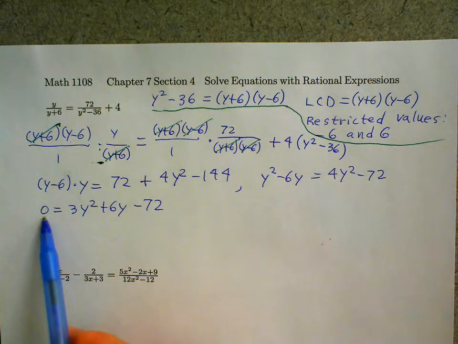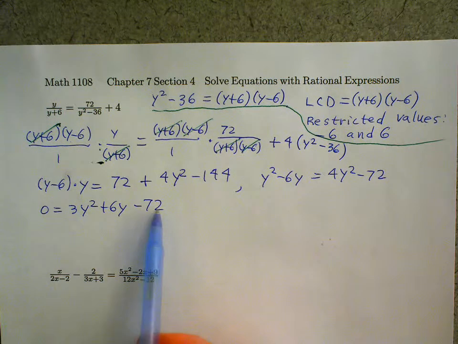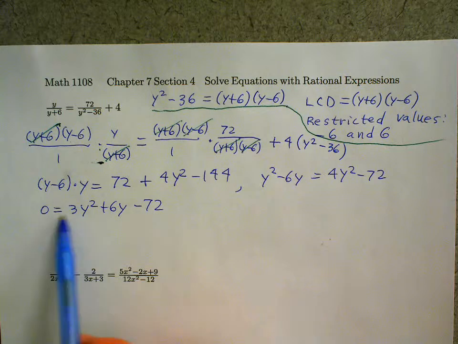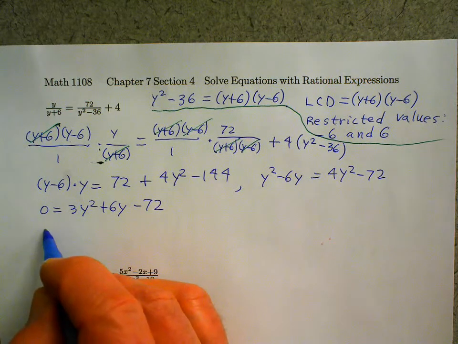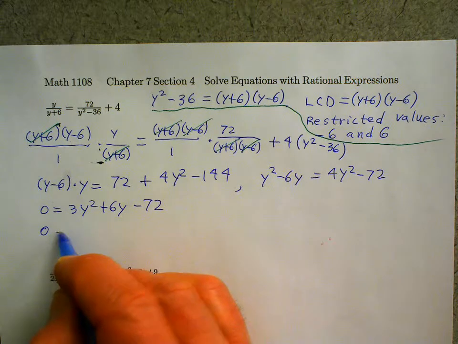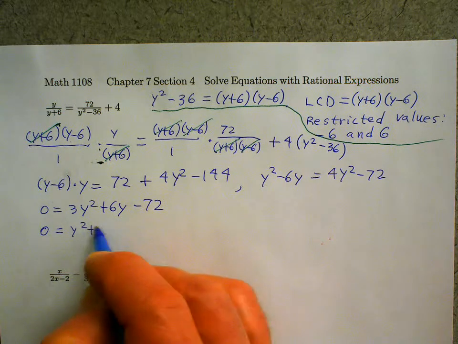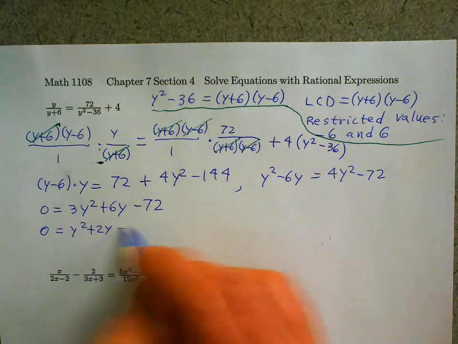Notice that now we can divide every term on both sides by 3. Since the greatest common factor of the trinomial is 3, divide every term on both sides by 3, we get 0 equals y squared plus 2y minus 24.